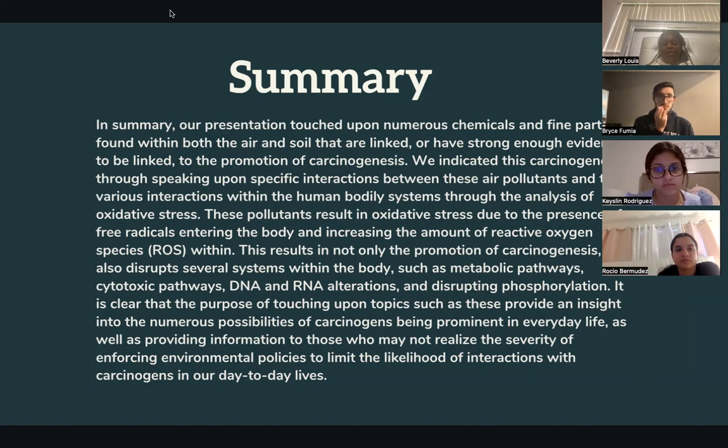This results in not only the promotion of carcinogenics, but also disrupts several systems within the body, such as the metabolic pathways, cytotoxic pathways, DNA and RNA alterations, and disrupting cyclofluorination.